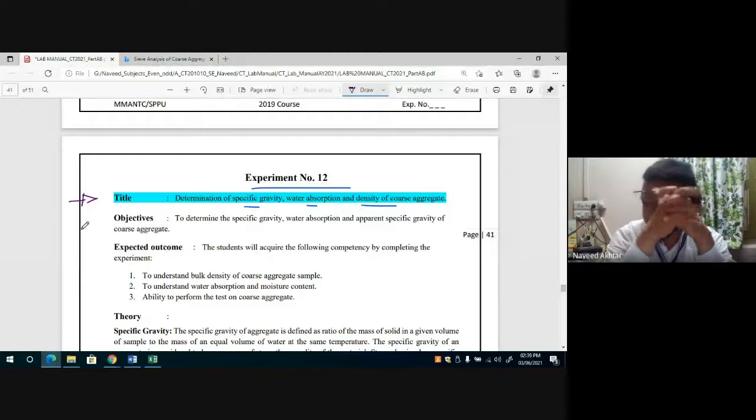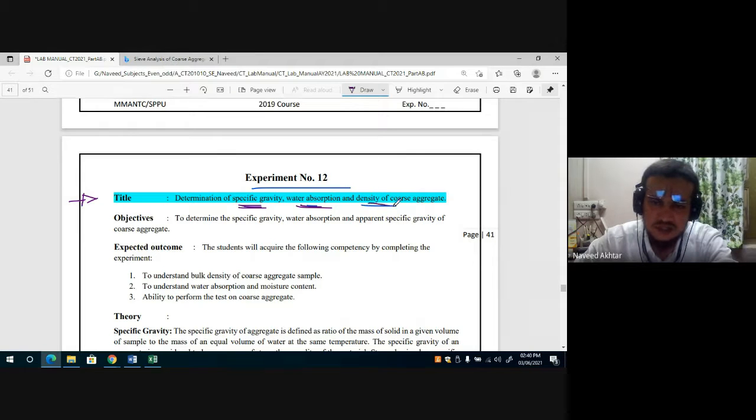Generally, for coarse aggregate we use 20 mm, 25 mm, 40 mm, and also 12.5 mm if high strength concrete is required. That's why different sizes of aggregate are used in concrete. So we should know the specific gravity or relative density and water absorption of the coarse aggregate, as they will affect the fresh and hardened state properties of the concrete.